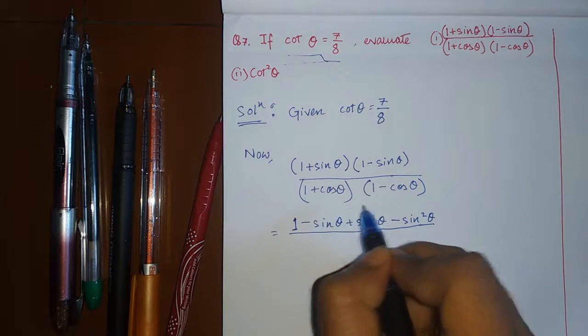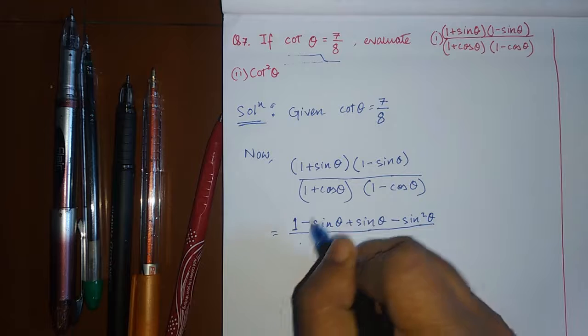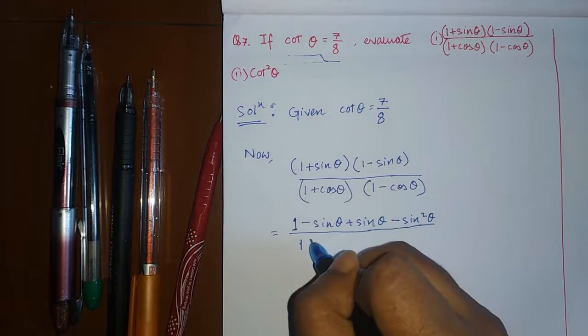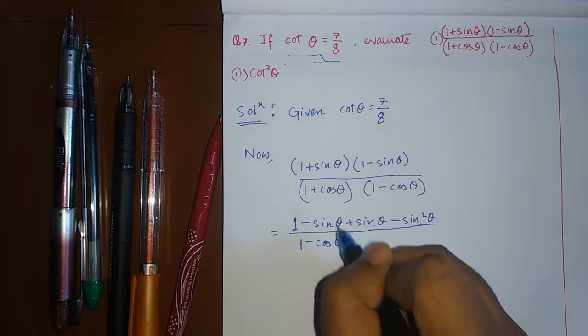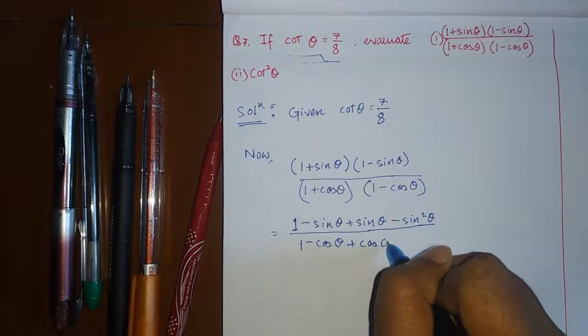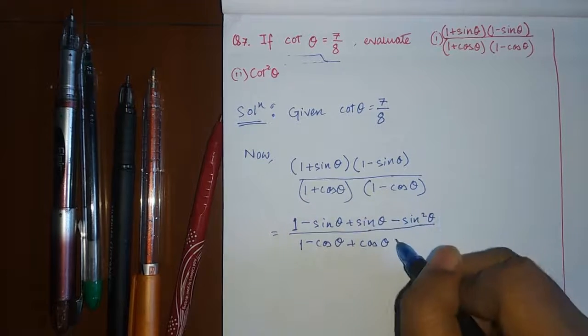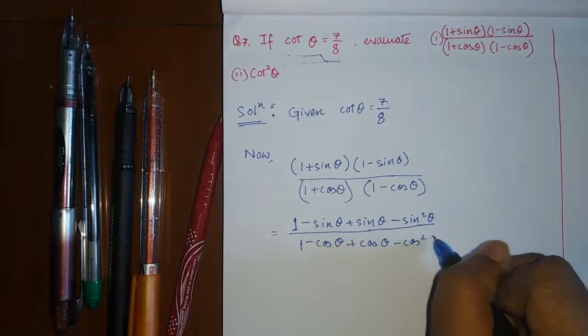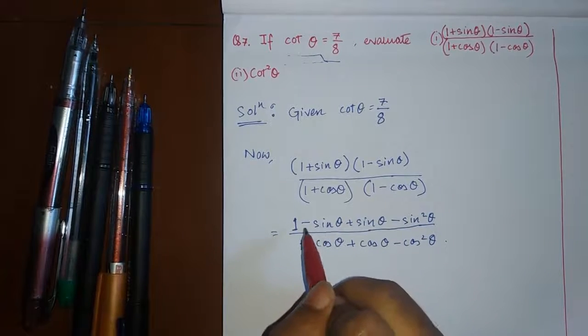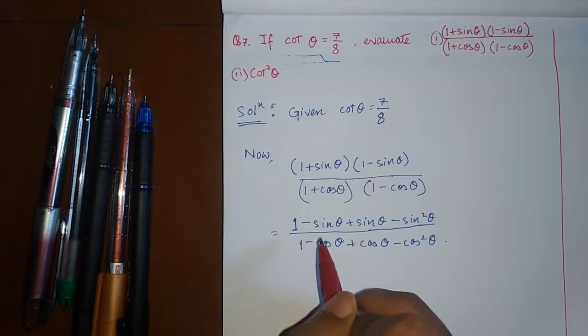So in the same way you multiply these terms. It will be 1 into 1, 1 into minus cos theta, 1 into plus cos theta, plus cos theta into minus cos square theta. Now look at these two terms, minus sin theta and plus sin theta.